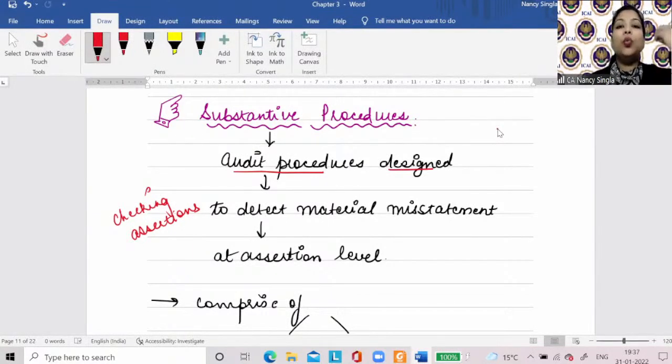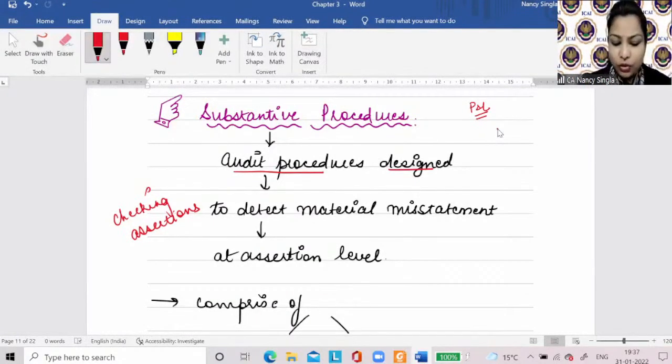Okay? So what is substantive procedures? When the auditor is checking the financial statement, when he's checking whether any material misstatement is there on each and every assertion, that is what substantive procedures are. Now, when an auditor is giving an opinion, I told you that the auditor gives an opinion on the financial statement as a whole.